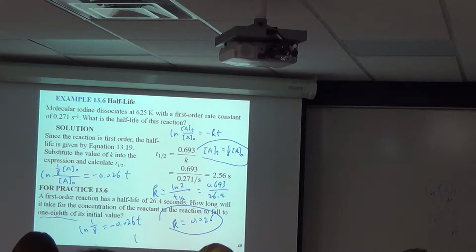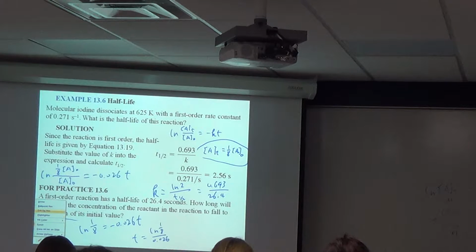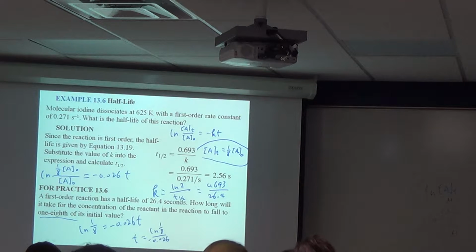You solve this equation, you will see t equals ln 1/8 divided by negative 0.026, which is 79.2 seconds. It's a little bit rigorous but straightforward. You never need to think about how many half-lives.